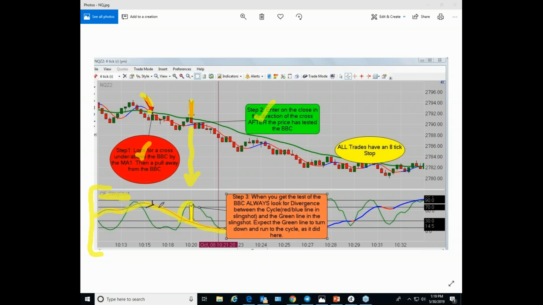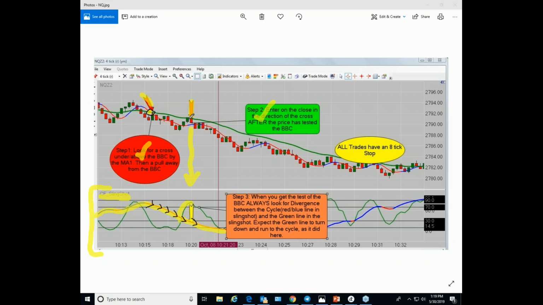What the cycle is telling us in this scenario is that we have some bearish momentum in this market, because the cycle is red. We have a red MA1 at the cross saying we're looking to get short.